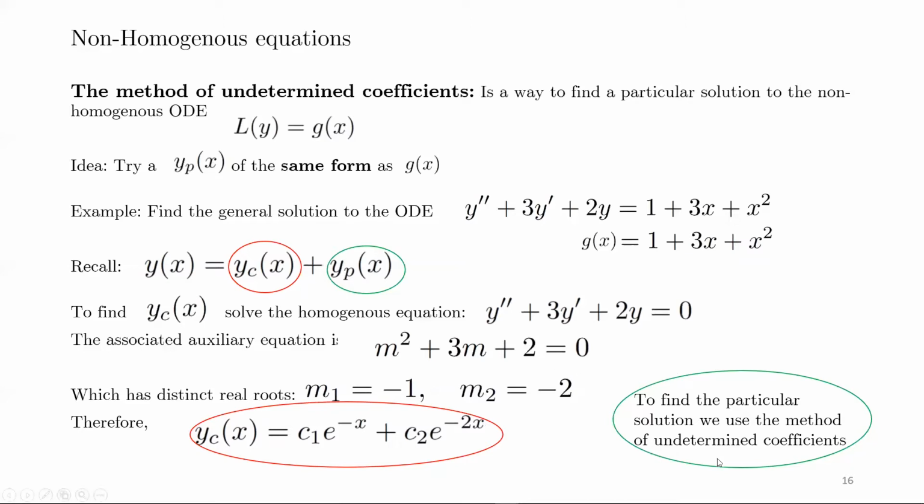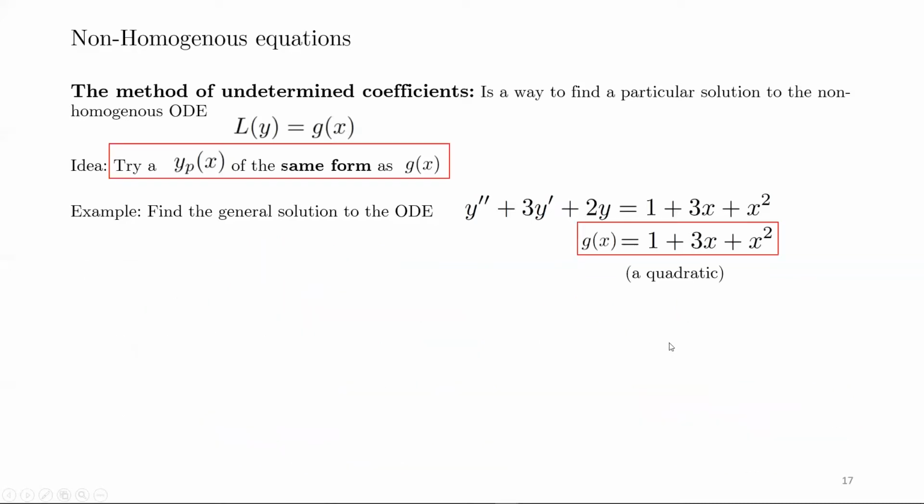However, to find the particular solution, we're going to try using this idea that we've introduced here of the method of undetermined coefficients. Okay, so let me clean up my slide here. What I'm going to do is try a particular solution which is the same form as g of x, which is 1 plus 3x plus x squared, so a quadratic.